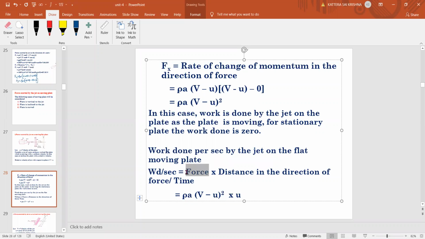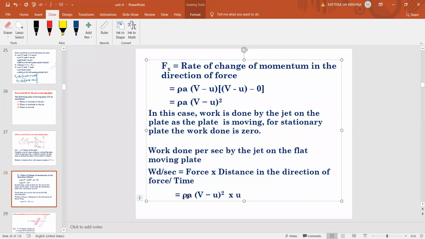Already we have calculated the force, that is rho a (v minus u) square, into the distance. Distance per time is taken as velocity, and that velocity should be taken for the plate because it is the work done by the jet on the plate.